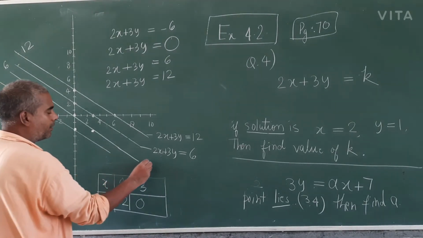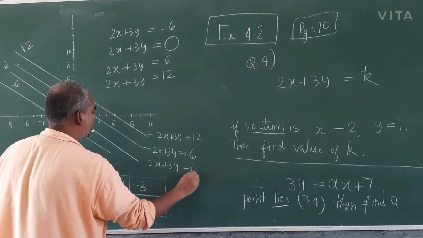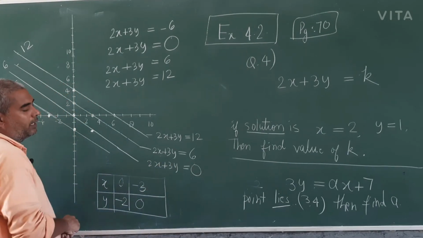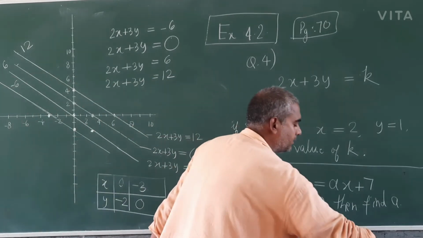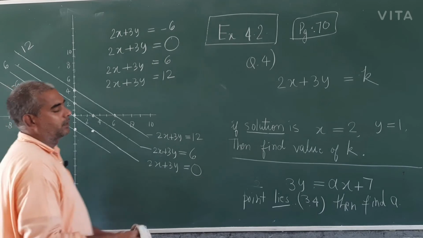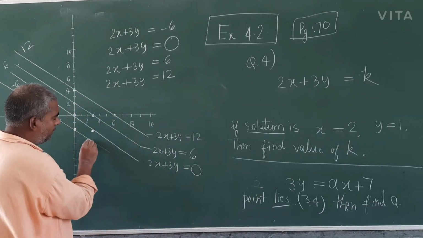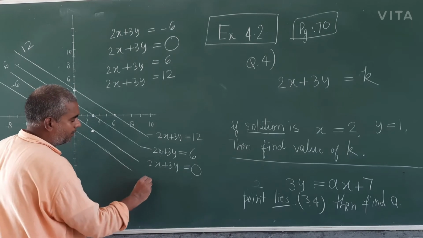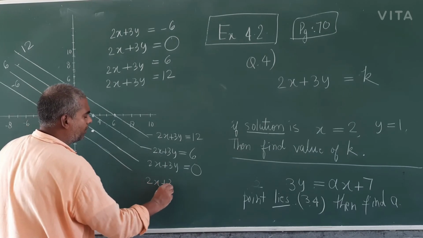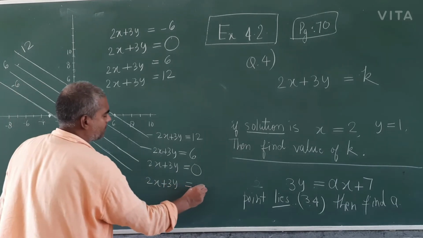And this line, 2x plus 3y is equal to 0. And the fourth line, you see, only I am changing the constant. This line extends more, but I'm not drawing it here. This is 2x plus 3y equals minus 6.